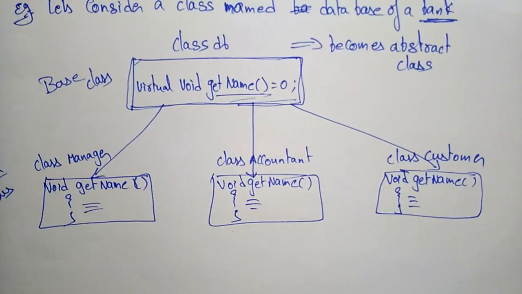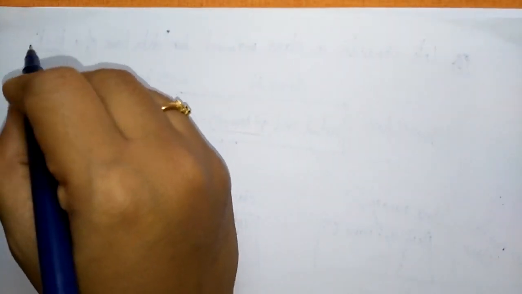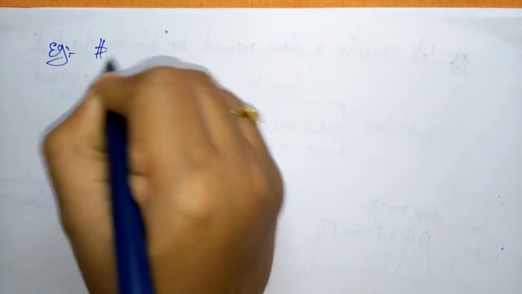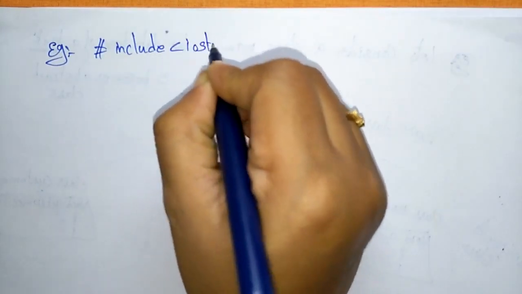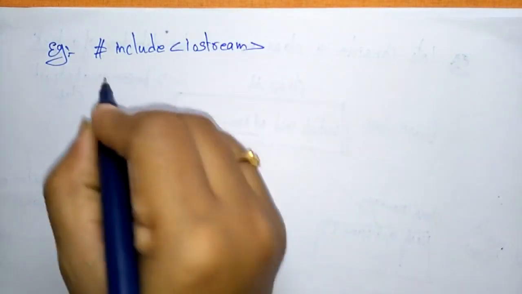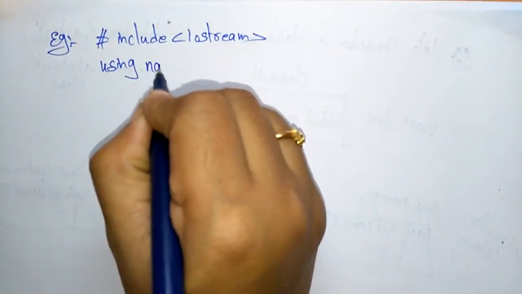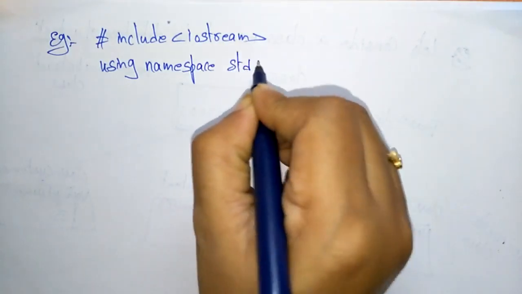So now let us see the program for this example. How will we write the program for creating the abstract class? Example: #include <iostream> using namespace std.